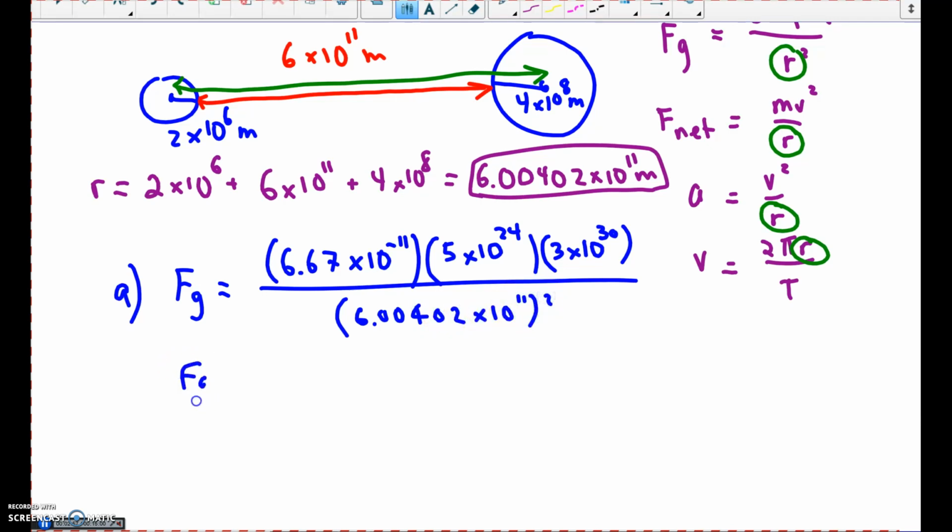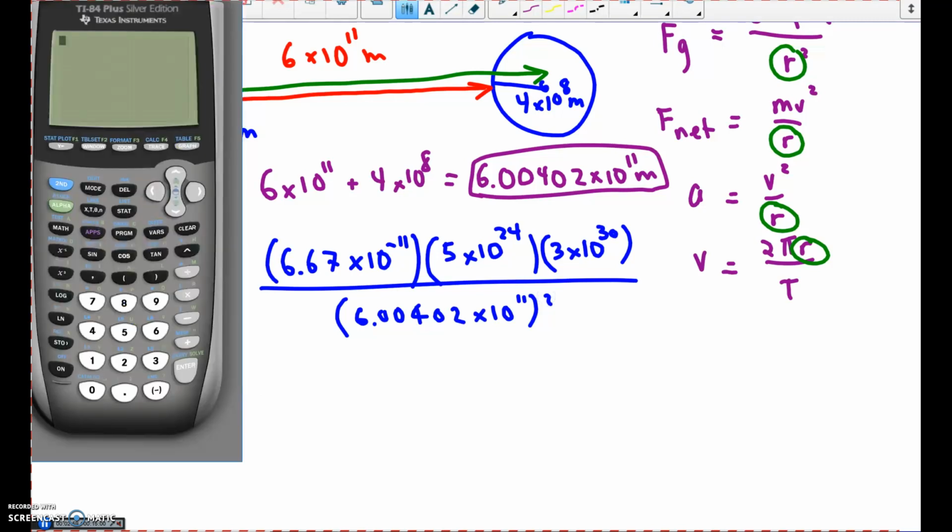When I plug this into the calculator, what do we get? 6.67 second EE negative 11, times 5 second EE 24, times 3 second EE 30, over 6.00402 second EE 11.